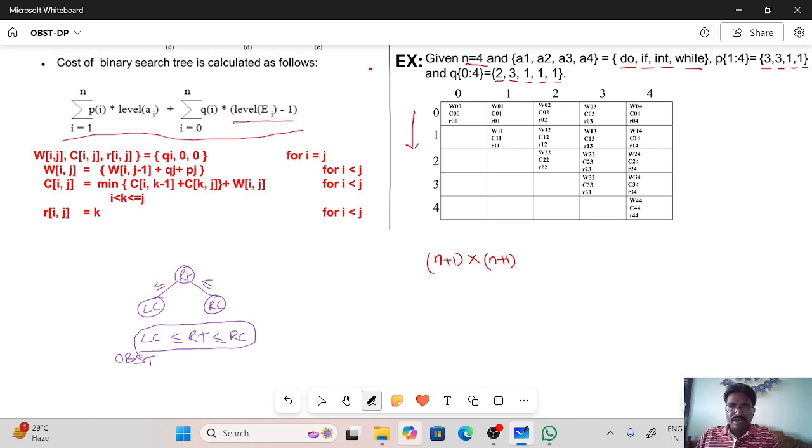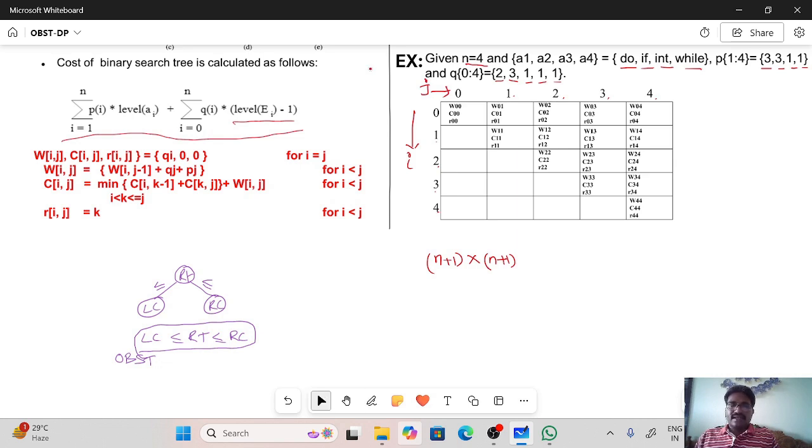So my row index is i and my column index is j. So here the initial case is the i value must be the same as the j value. That means 0, 0, 1, 1, 2, 2, 3, 3, 4, 4.